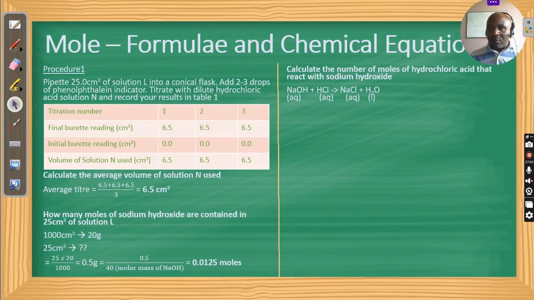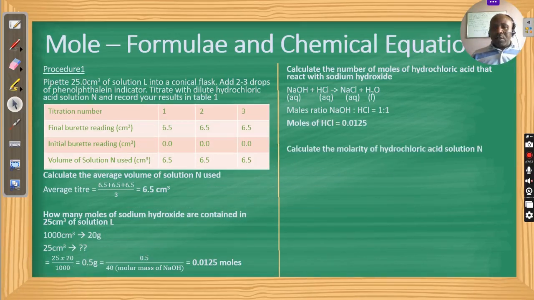Then calculate the number of moles of hydrochloric acid that react with sodium hydroxide. You start by writing the equation. You find that the ratio of sodium hydroxide to hydrochloric acid is 1:1, and therefore if moles of sodium hydroxide were 0.0125, the same applies to hydrochloric acid.